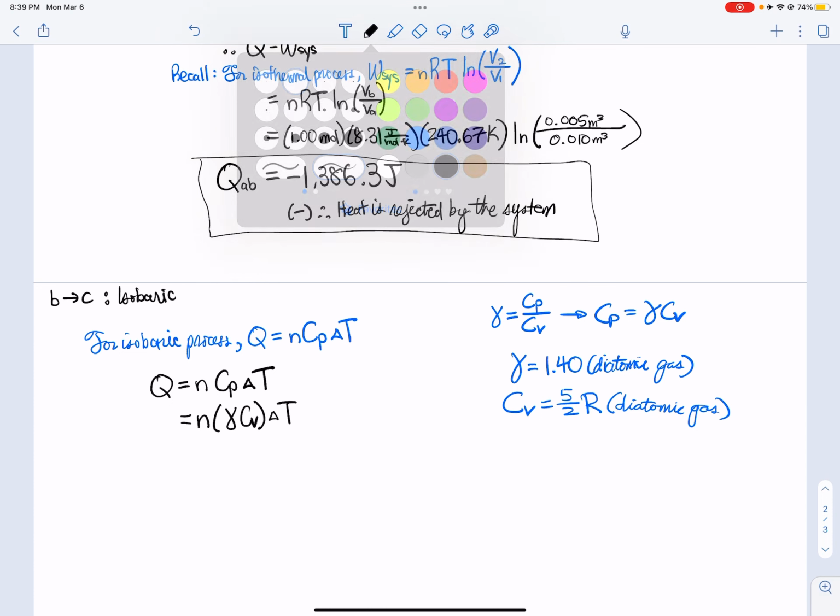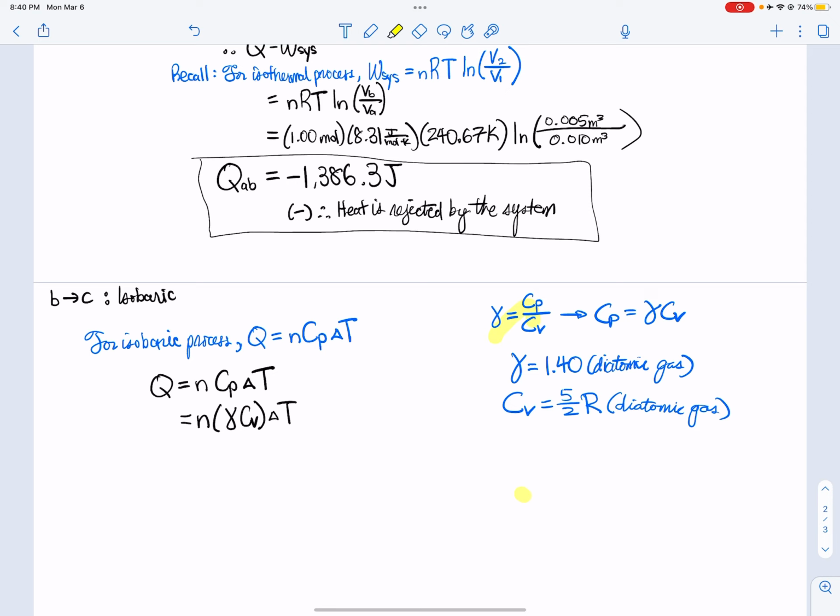Okay, so now we know everything. And these things you just have to have in your cheat sheet, or you have to know it off the top of your head, right? And because the problem stated that we have an ideal diatomic gas, that's why I know to use these values, 5/2 R and 1.40, okay?